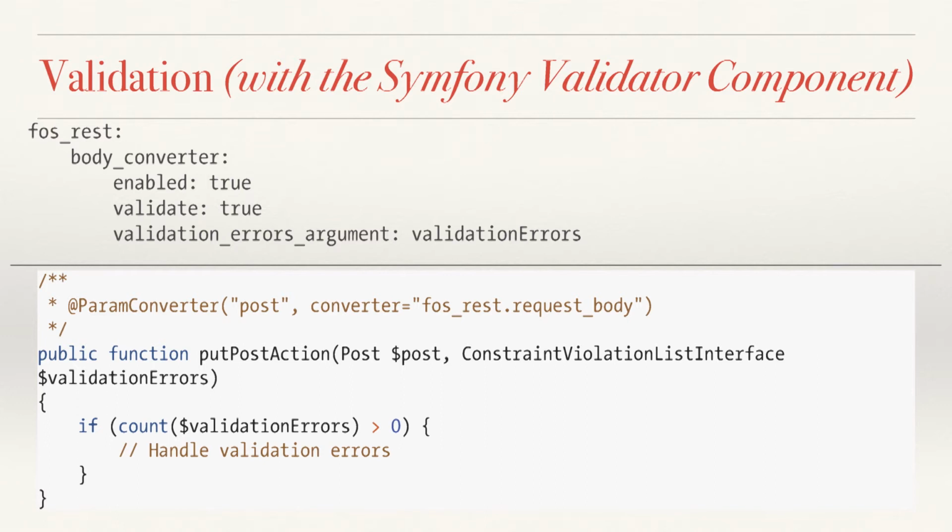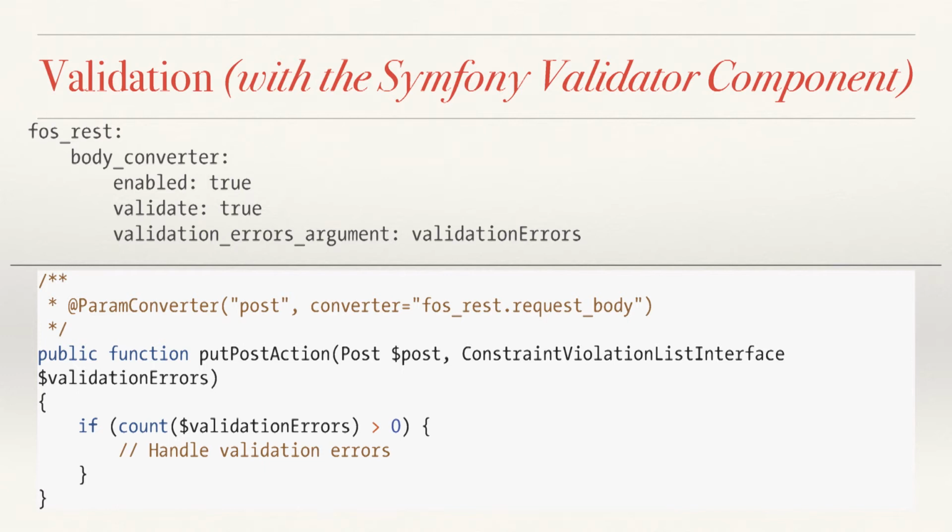And it's about putting the name of the object you are going to get with all the errors you got. And here you go. Here, on the put post action, I got a constraint violation list interface, and it's called validation errors because I put that in my configuration.